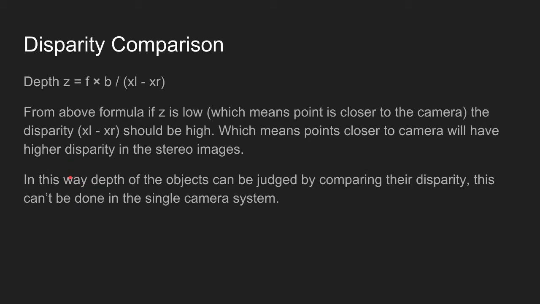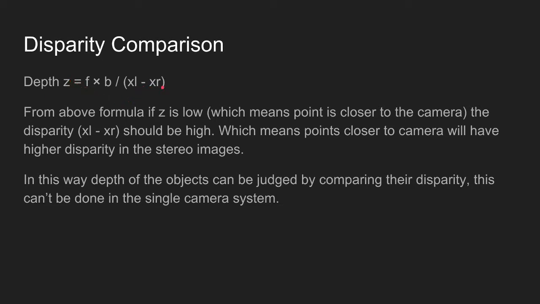What is disparity? Disparity is the displacement between two images: the same object in the left image and the same object in the right image will be displaced by some value. If you look at this formula, z equal f into b upon (xl minus xr), if z is low, which means the point is closer to the camera, then xl minus xr should be high.